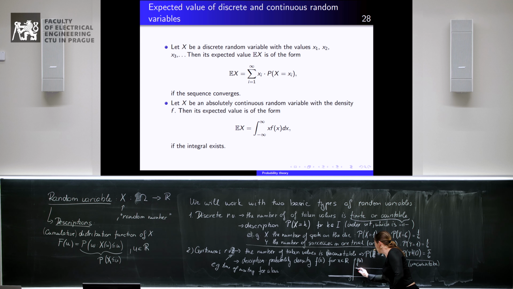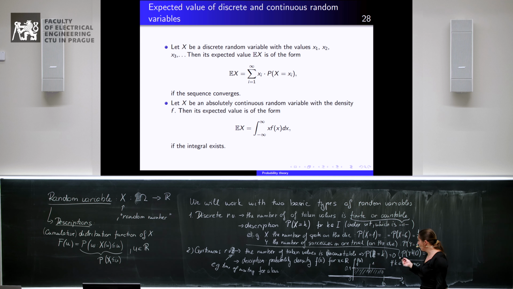Yeah? So it means that this area must be analogous to the total probability, so equal to 1. So it means that the function is constant with the value 0.1. In order, this rectangle 10 times 0.1 has the area equal to 1.